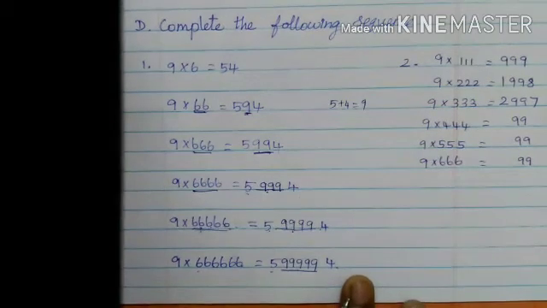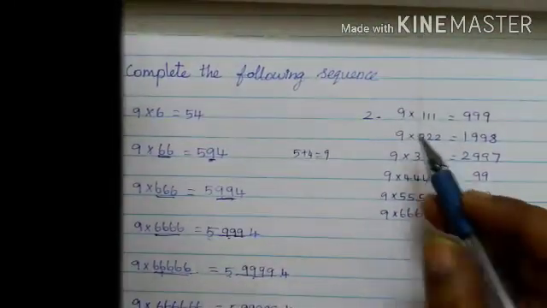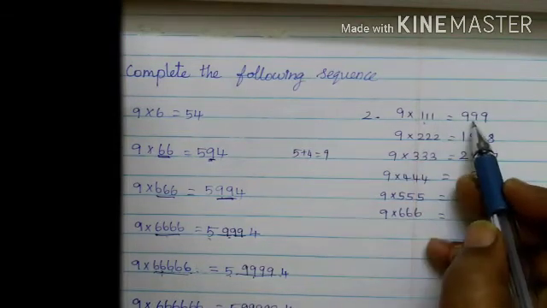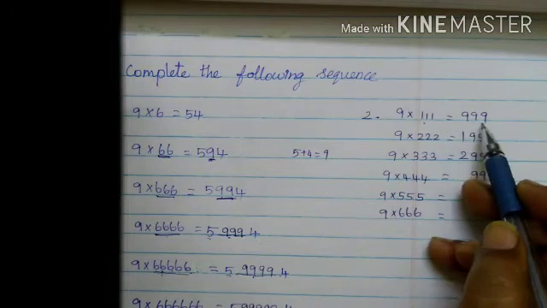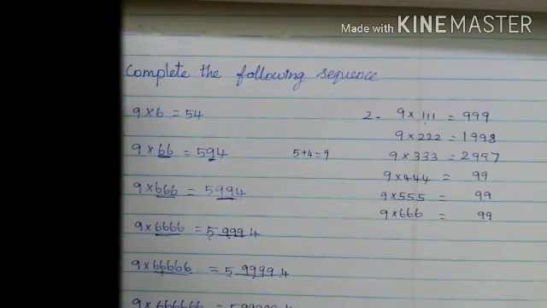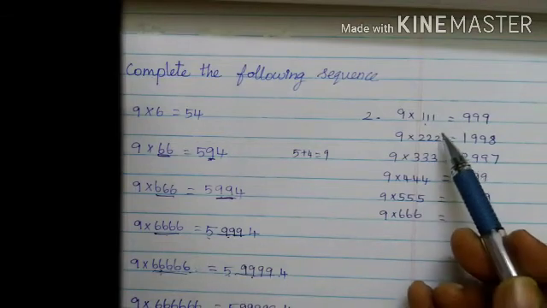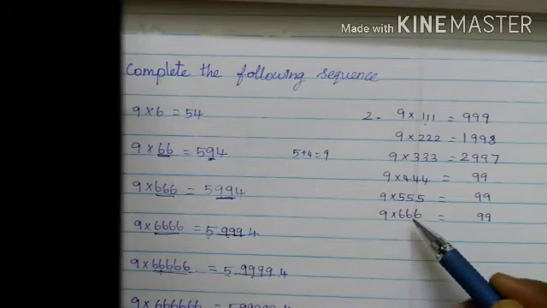Complete the sequence. Then same model for the second sum. 9 multiply 111, so you get the number 999. Then the next one, 9 multiply 2 table, 222, 1 1 1 2 3 4 5 6.